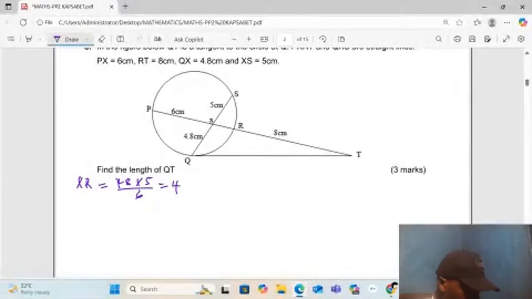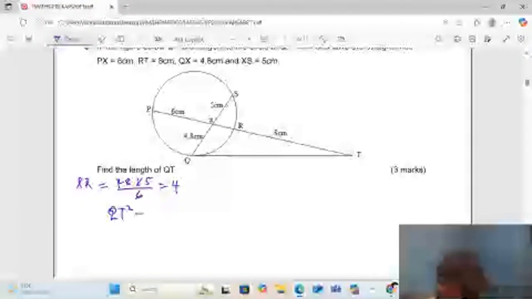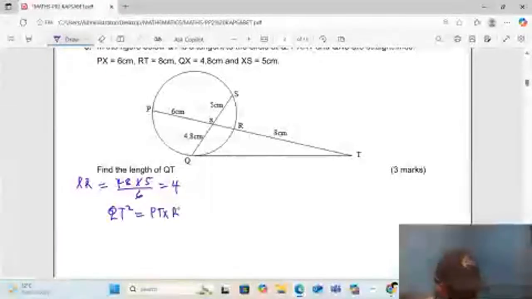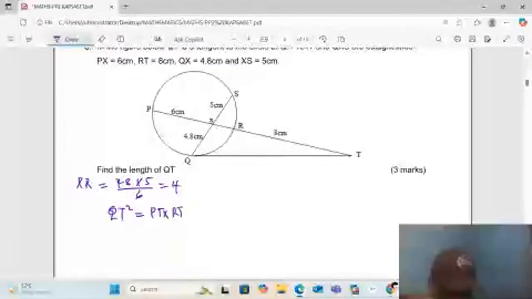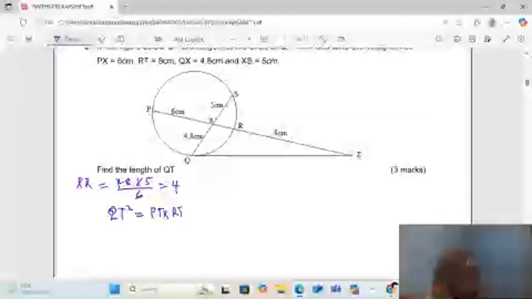And then we take QT squared equals PT times RT, the outer side.